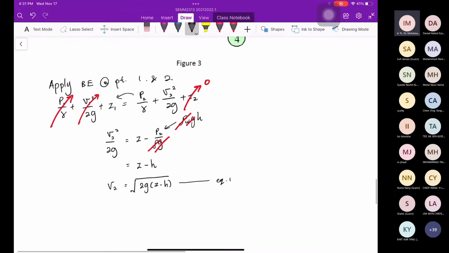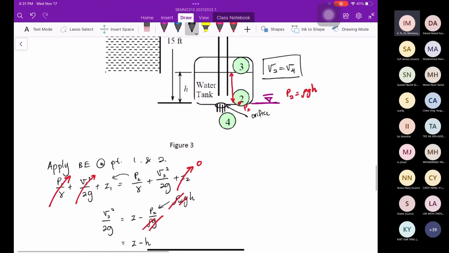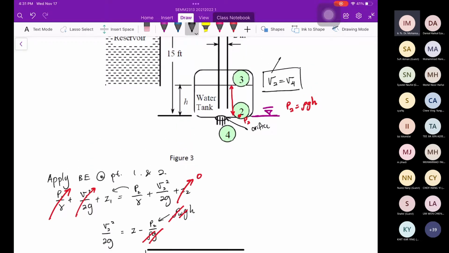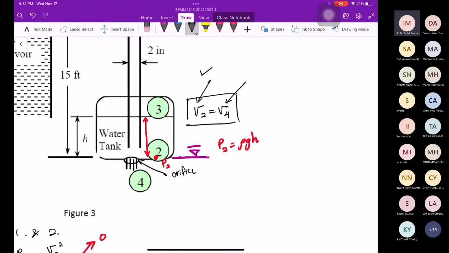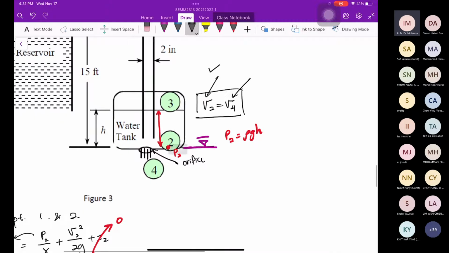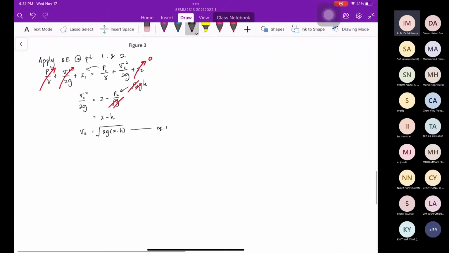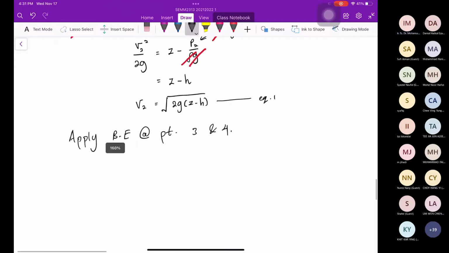After that, I need to find the velocity at 4. So I need to find V4 first. I can use the correlation of V4 with V3. So apply Bernoulli equation at point 3 and 4.